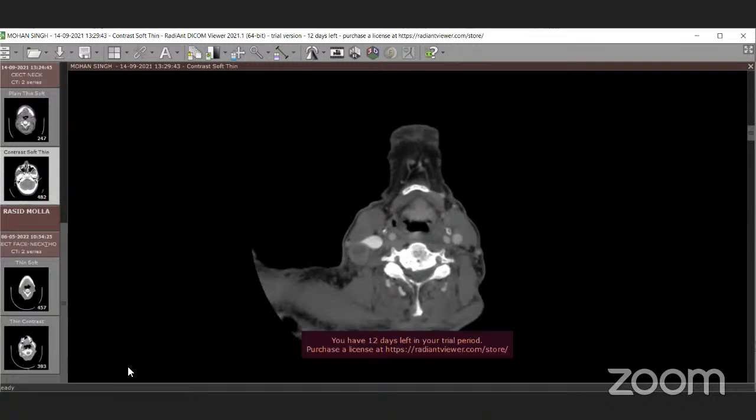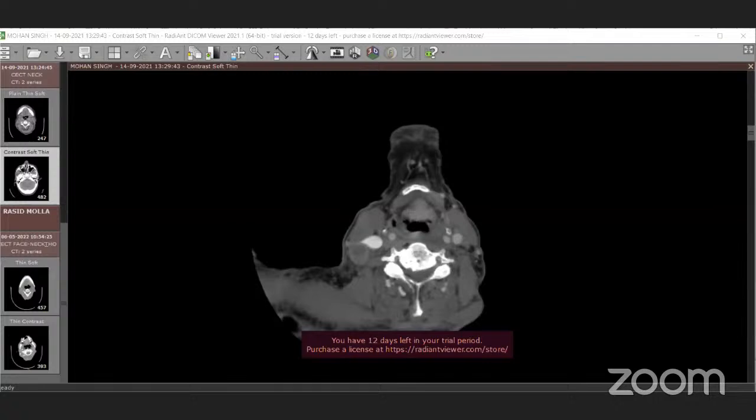Doctor, I cannot hear you. Hello, can you hear us? Yes, this is a lot better. Okay. So transverse cervical vessels, please. Hello, can you see the slide?